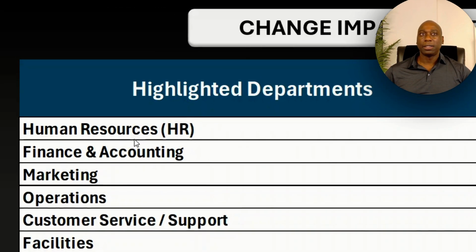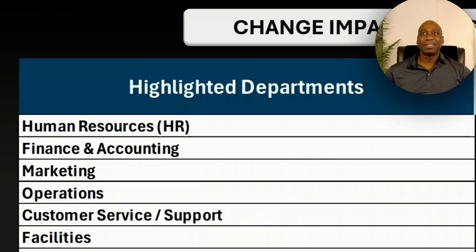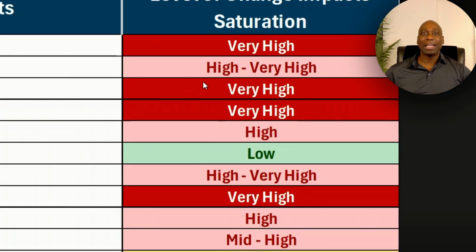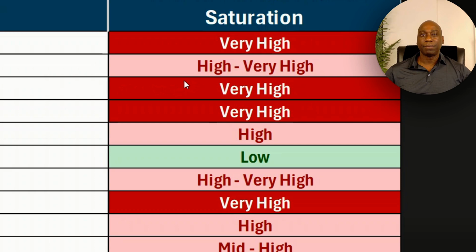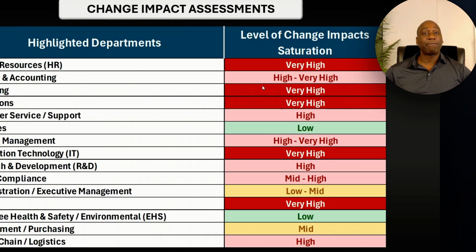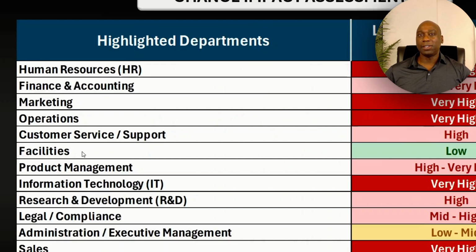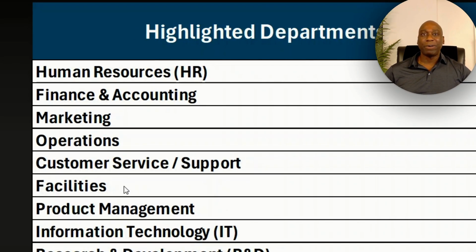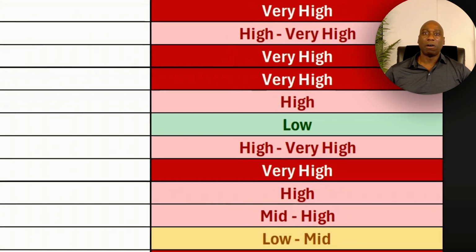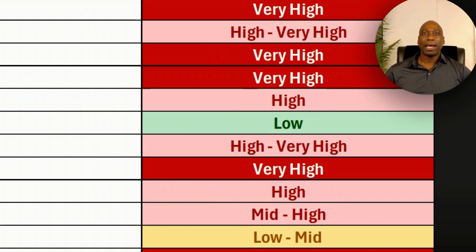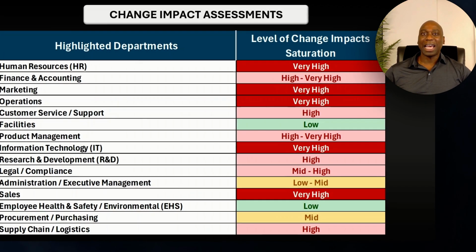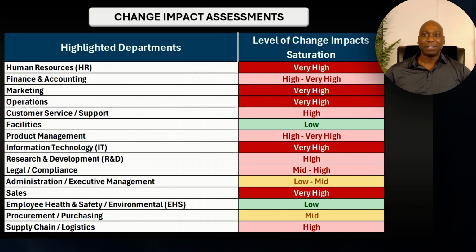Finance and accounting is currently experiencing high to very high level of change saturation, because from the project or different projects that are impacting finance and accounting, there is a lot of changes. But the changes are ranging from high to very high. Facilities is another example that is experiencing a low level of impact, meaning that there are not a lot of changes happening that are impacting facilities.